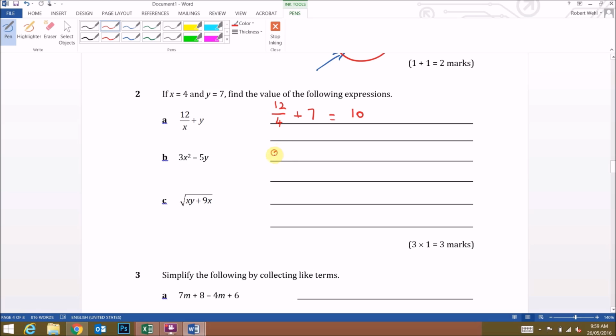Here, 3 times 4 to the power of 2, take away 5 times 7. So we have to do the indices first. So that's this. 4 times 4 is 16.